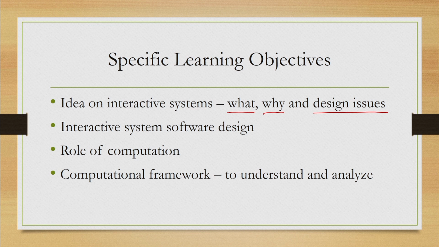Then another learning objective was to understand the role of computation in the design of interactive system software. Software design process of course is a very elaborate process, and what role computation plays in this process is very important to know, and that was another objective for the course.